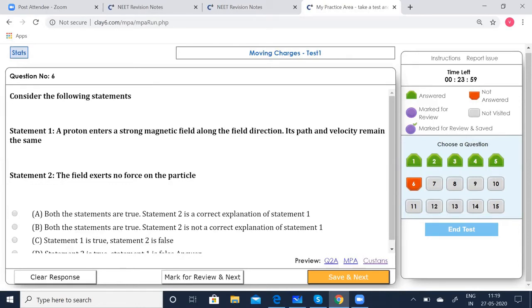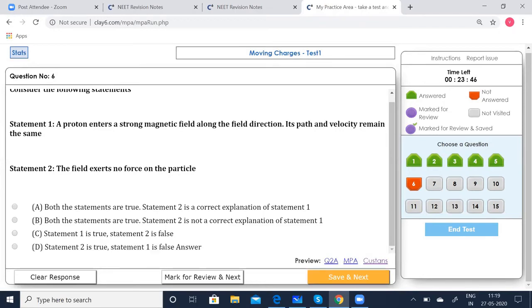Yes, whenever a proton enters a strong magnetic field, its path and velocity is not going to change. And also, the field exerts no force on the particle.